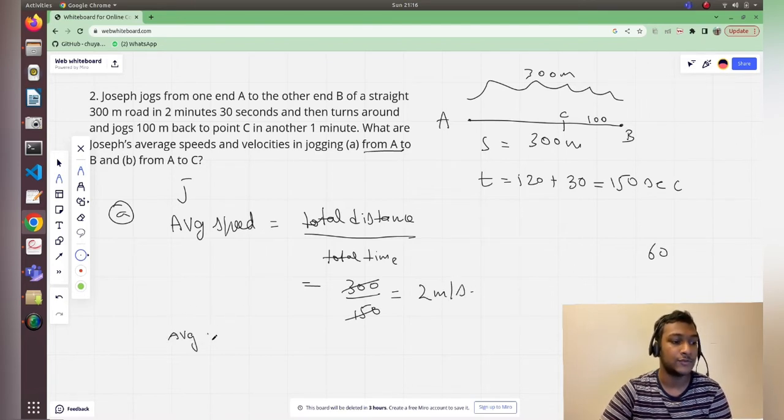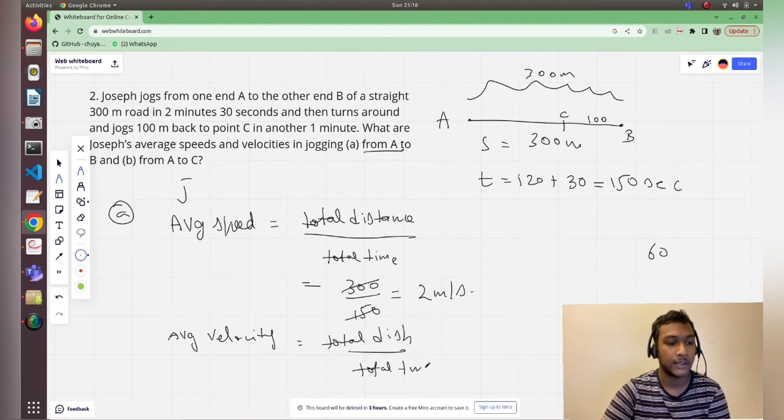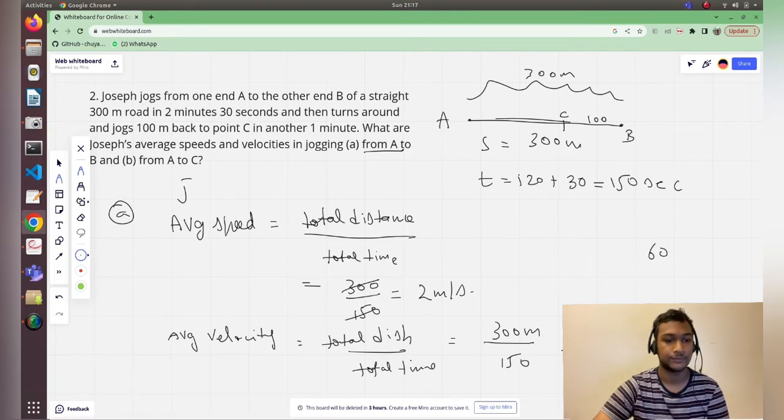Now what is the formula for average velocity? Average velocity is equal to total displacement by total time, right? So what is the total displacement? The shortest path between A and B is still 300 meters. So it is 300 meters by total time of 150 seconds, which is equal to 2 meters per second again.